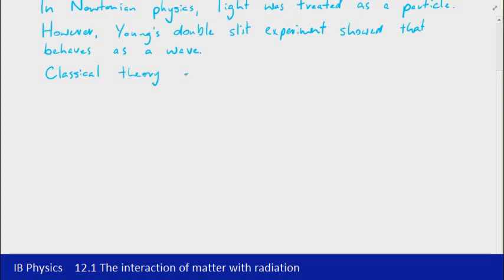And if light is a wave, we would explain that light being an electromagnetic wave means that it's going to be produced by the oscillation of a charged particle.